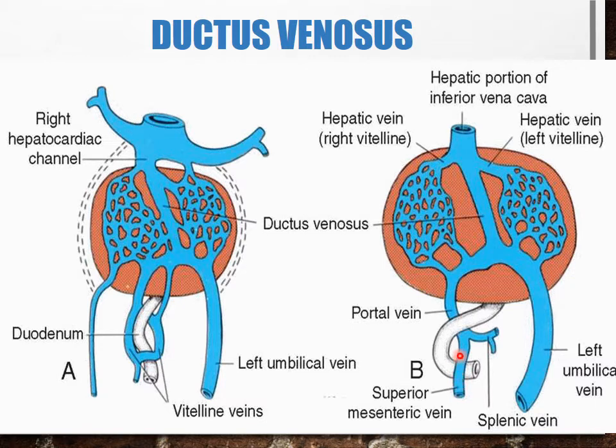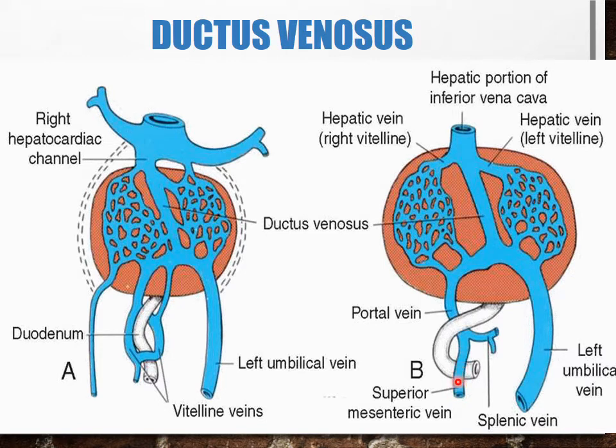As you have already seen in the arterial system, the vitelline arteries along the yolk sac are responsible for forming the major blood vessels of the gut: the foregut has the celiac trunk, the midgut the superior mesenteric, and the hindgut the inferior mesenteric. These are derived from vitelline arteries.